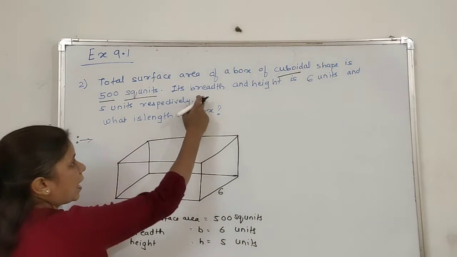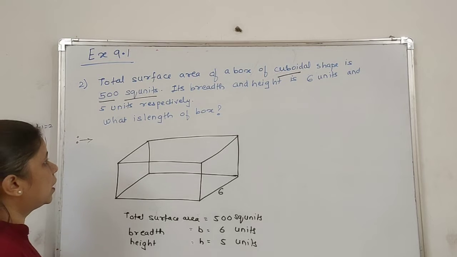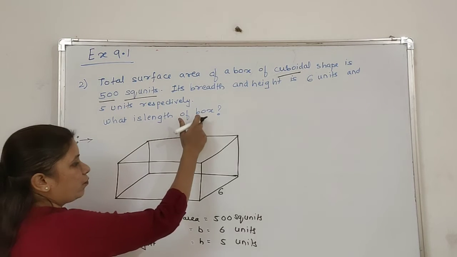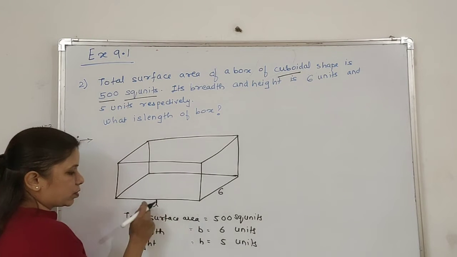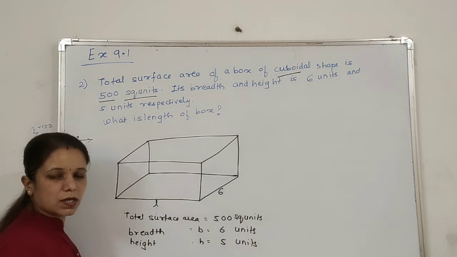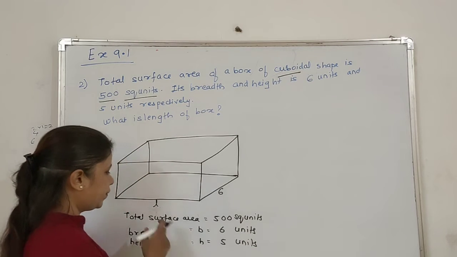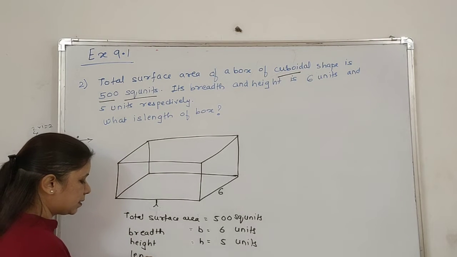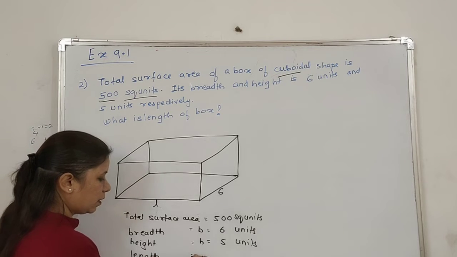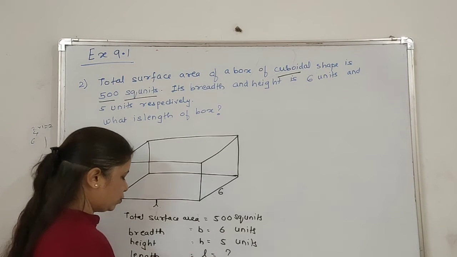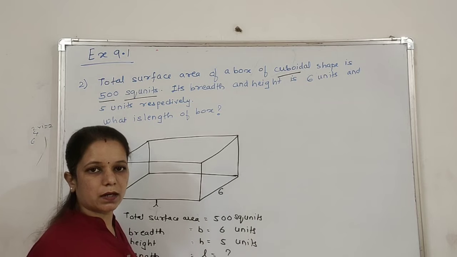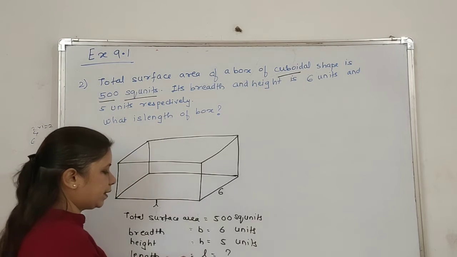Respectively means as the sequence comes. And we need to find the length of the box. This is the length of the box. We have to find it. So we will take length as L, and this we don't know, so we will give here a question mark. Okay, we have to find it out.